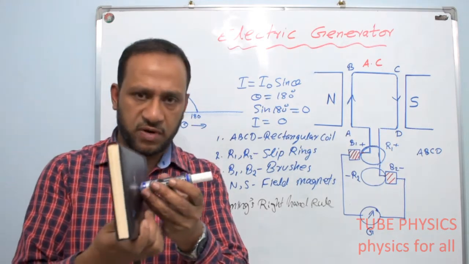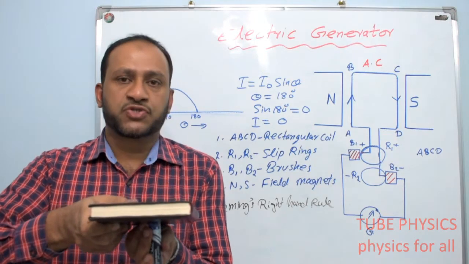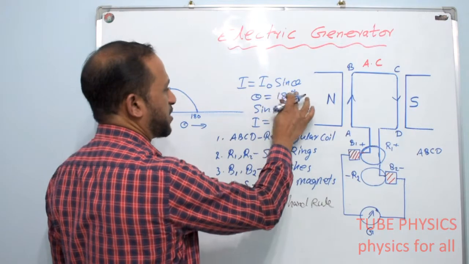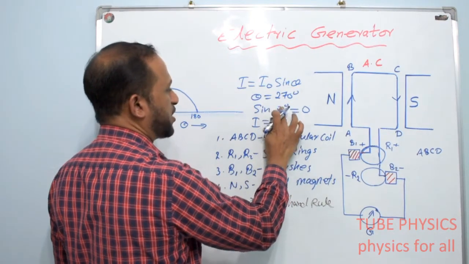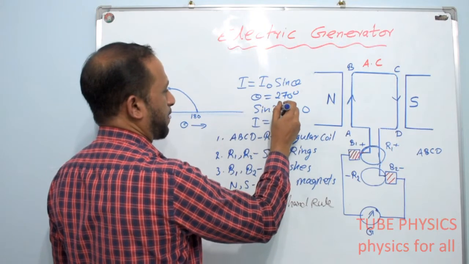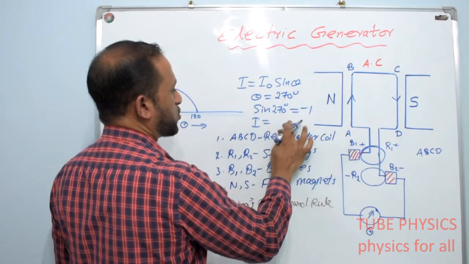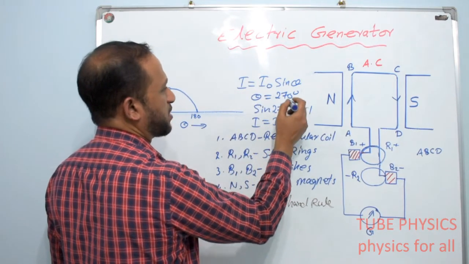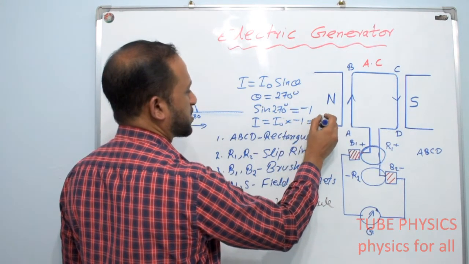Now it is rotating in the downward direction, another 90 degrees. So the total angle turned is 270 degrees, and we know that sine 270 degrees is minus 1. So in this equation, I equals I naught into sine theta, which is minus 1, so the current becomes equal to minus I naught.